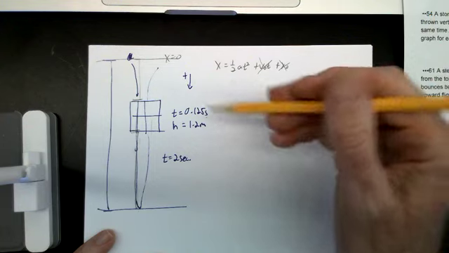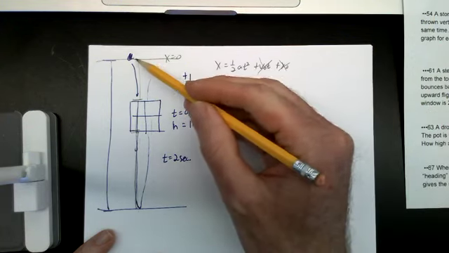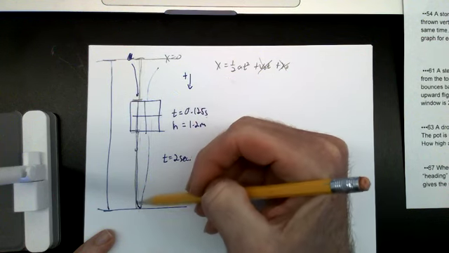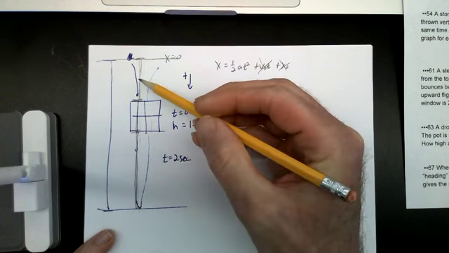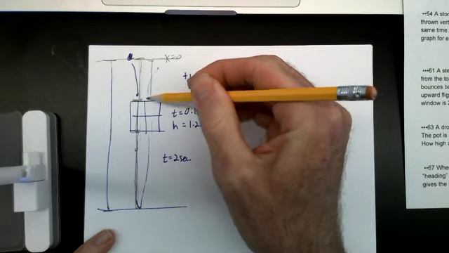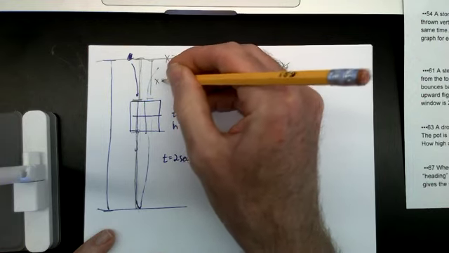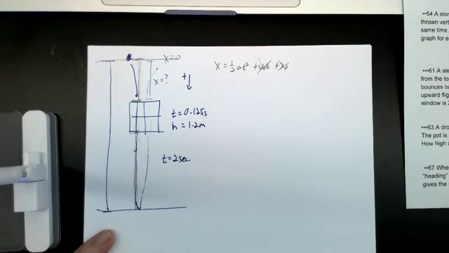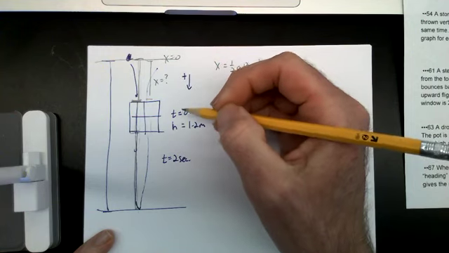So the trick is, once again, if I want to figure out how much time it takes to go from there to there, and I need that because I need the total time to go all the way down, I have to know what this distance is right there. And in order to know that distance, how could I figure this out?